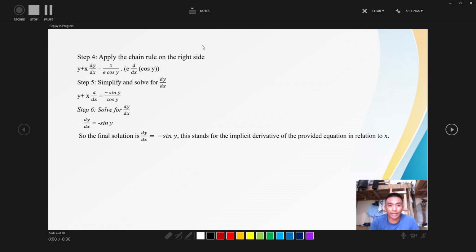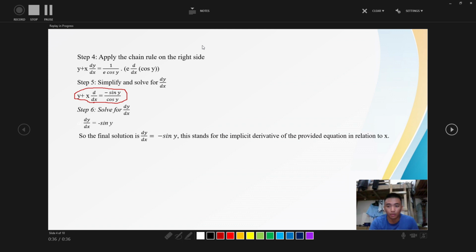On the next slide, after applying the chain rule on the right side and simplifying for dy/dx, it becomes y plus x dy/dx equals negative sin y dy/dx. After solving for dy/dx, the final solution is dy/dx equals negative sin y over x plus sin y. This is the implicit derivative of the provided equation in relation to x.